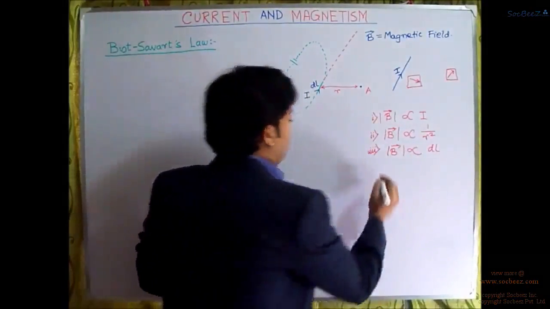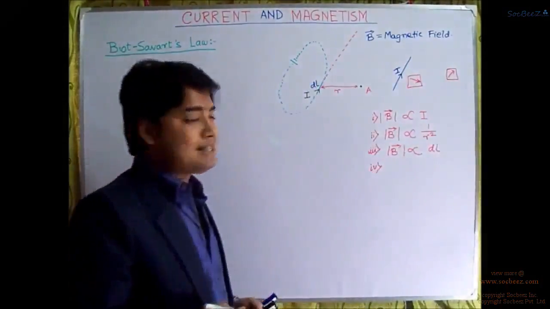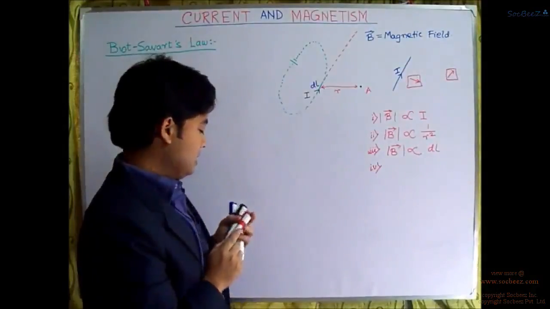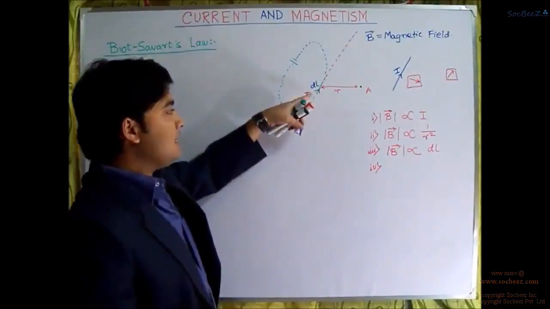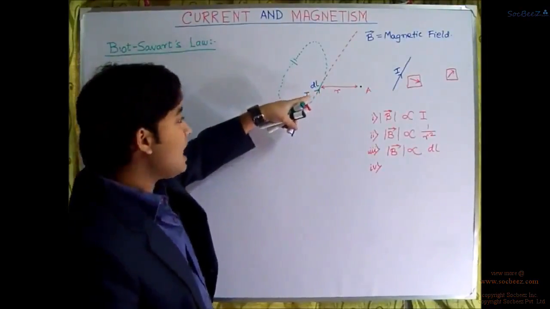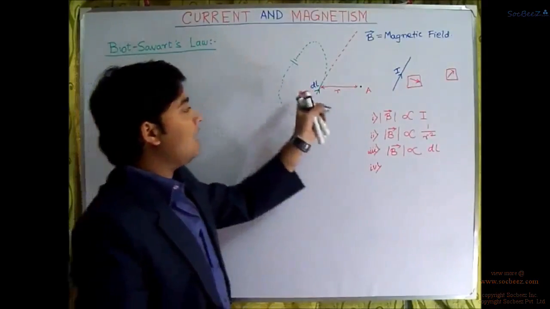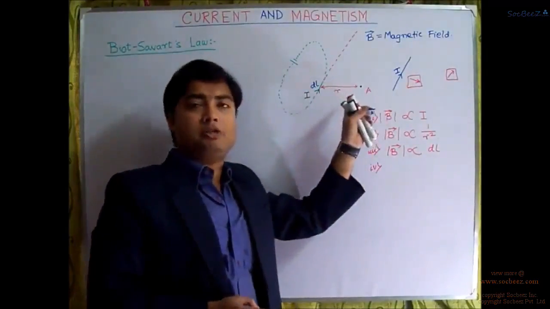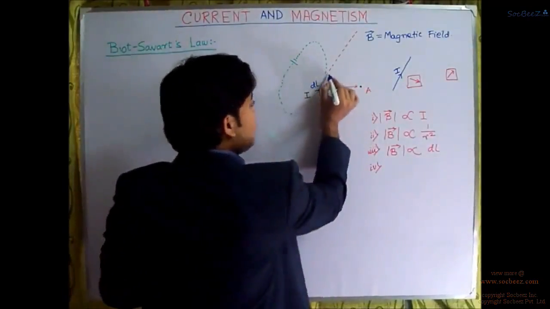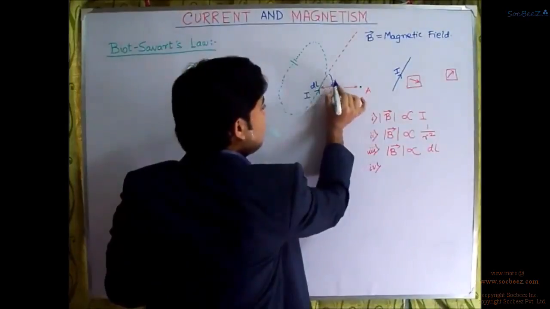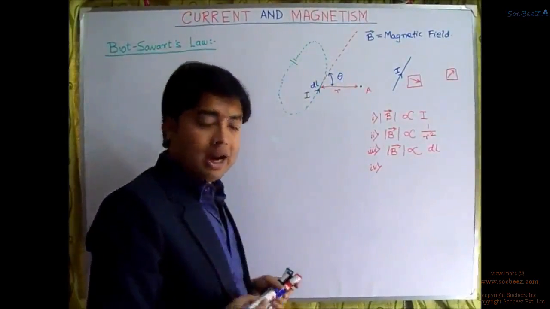Now the fourth point which is stated is the angle between dl and r. If dl is kept like this, and this is the r, there must be a certain angle of difference between them. So let us say that this angle is theta.